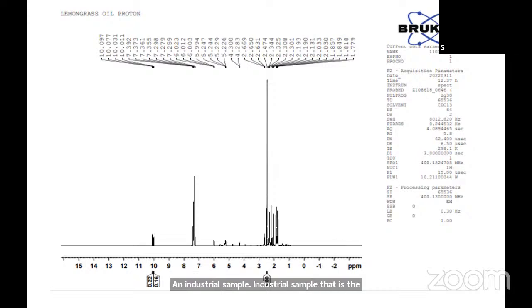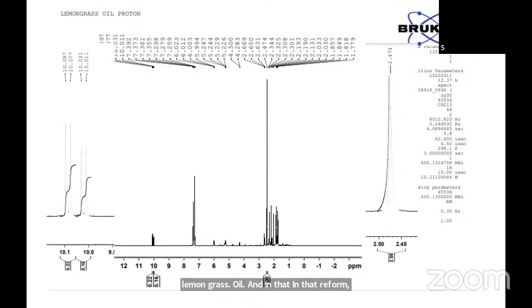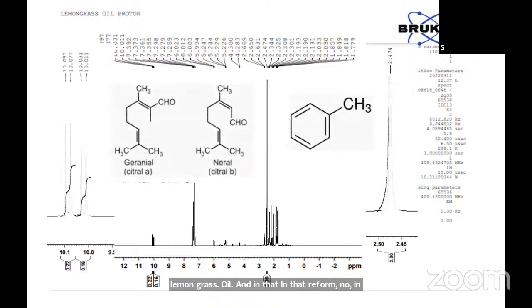In lemongrass, what do we have? Citral, nerol, geraniol. Citral A and citral B. By using proton NMR, we are able to find both components, citral as well as geraniol.